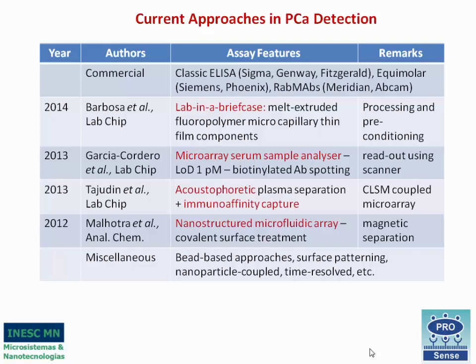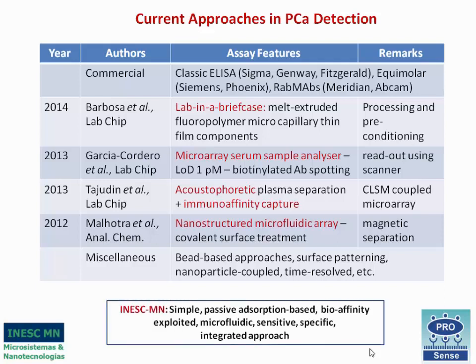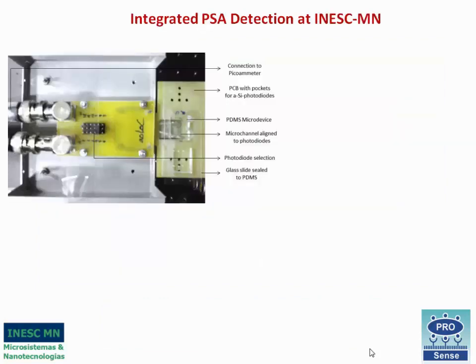So an integrated device assay methodology would be advantageous to avoid the shortcomings of using an external reader or coupling with a microscopic device like CLSM, for which we depend on a sensitive, specific, and easily integrated approach like this, where the device that we have fabricated is slid over a printed circuit board that is connected to a picoammeter, and then we manually align the microchannel to the array of photodiodes that we are going to read.